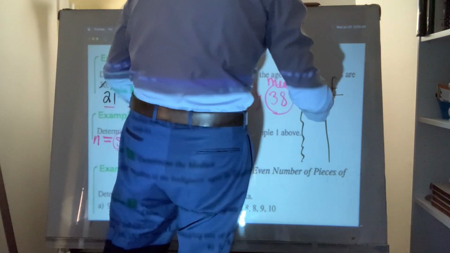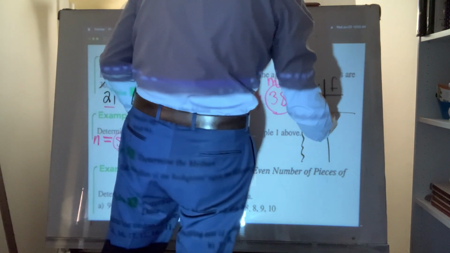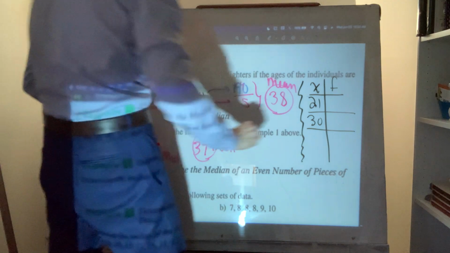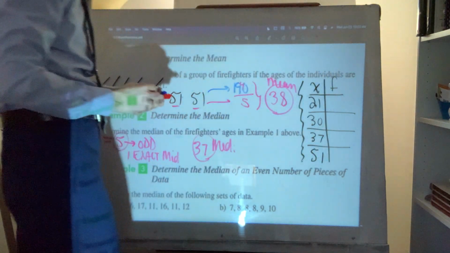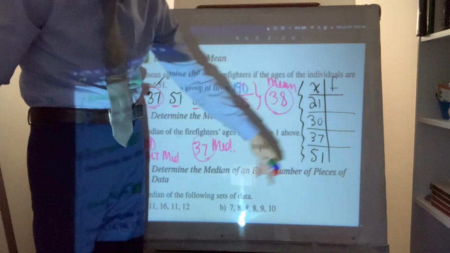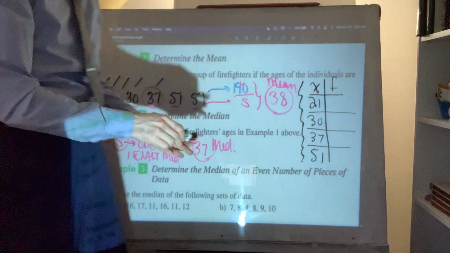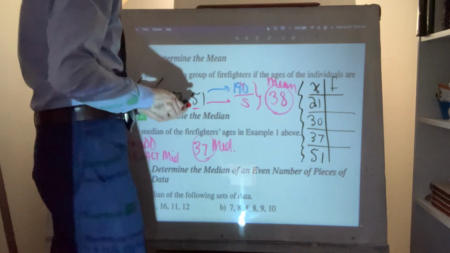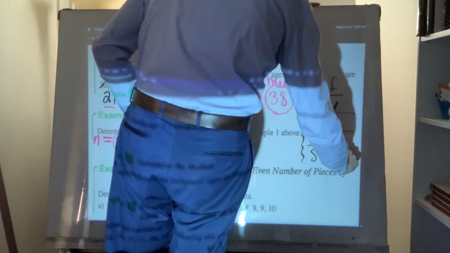So I'm going to write 21, 30, 37, and 51 just written one time, because these are the data values that are distinct, and then there'll be a column adjacent to it labeled F, as in frequency, and you'll see figures like this. There's 1, 1, 1, and 2 51s.